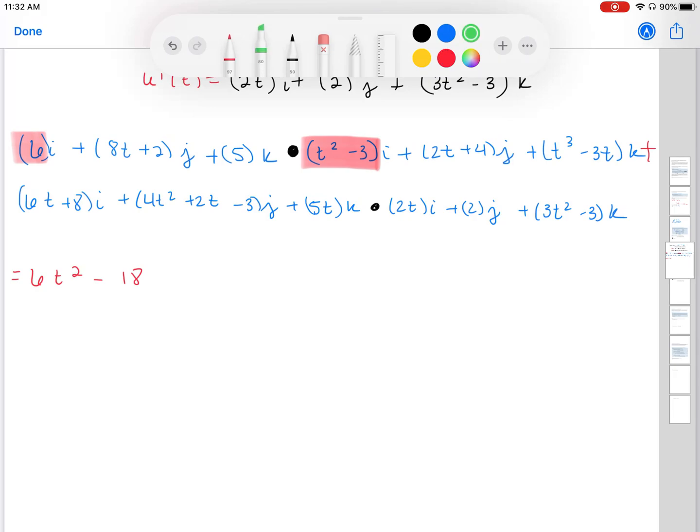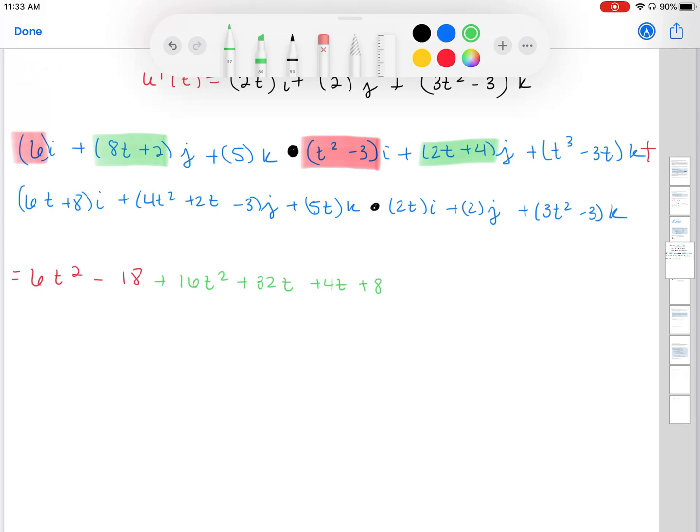Okay, next we have our j's. So for our j's, we have to multiply them, so we have to FOIL. So 8 times 2, we get 16t squared plus 32t plus 4t plus 8.